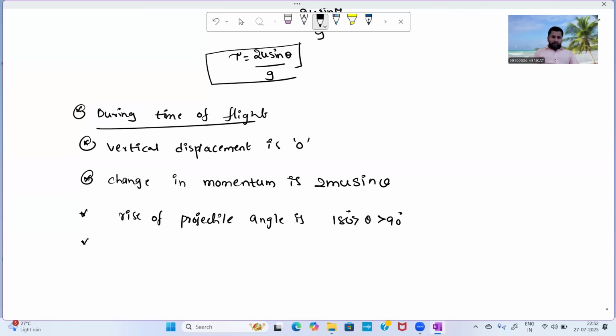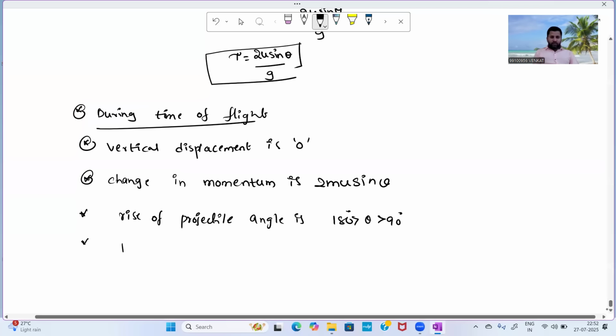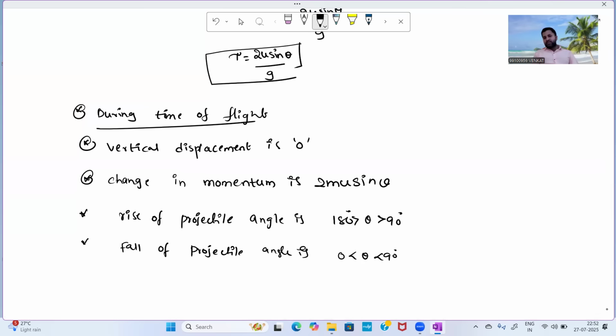And during the fall of the projectile, the angle is 0 to 90 degrees, right? So these are the points we need to remember during the time of flight, and which components change. So this is about the time of flight.